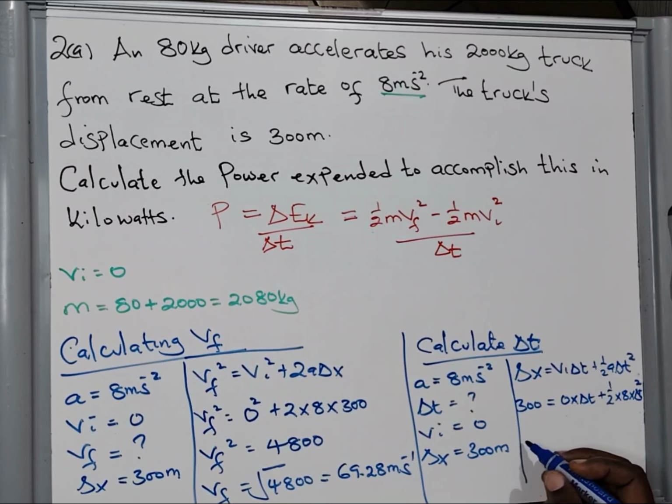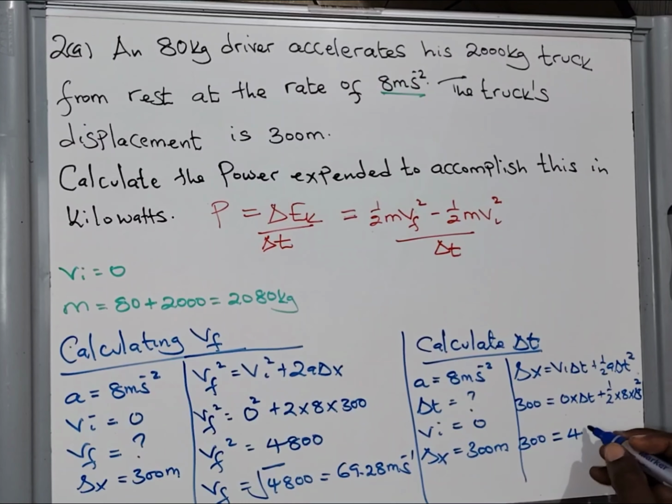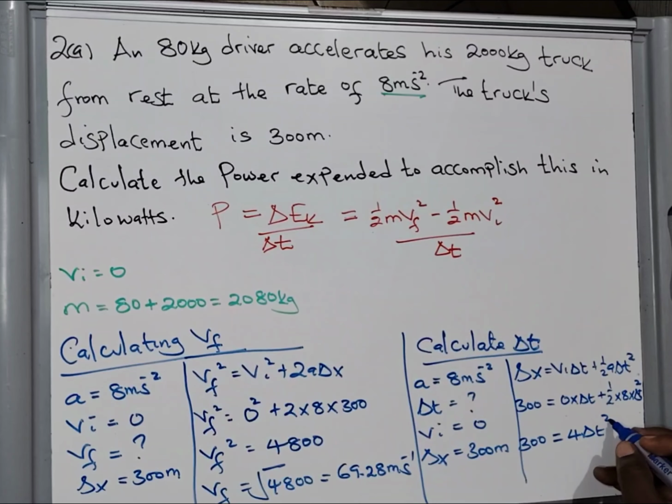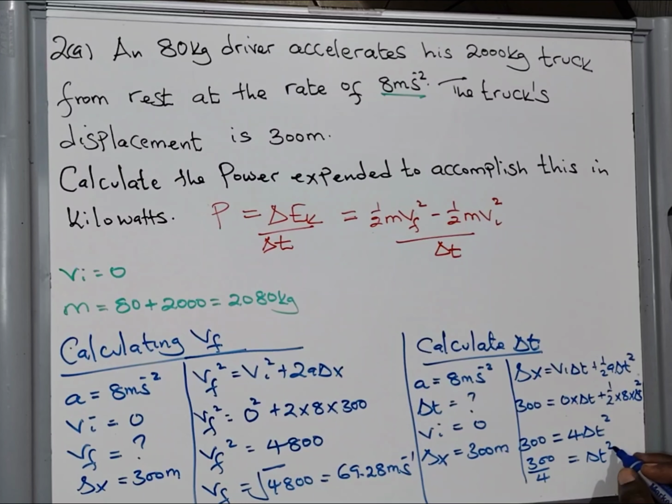From here you can have 300 equal to 4 delta t squared. So what do we do? You divide both sides by 4, so it's 300 divided by 4, giving you delta t squared.